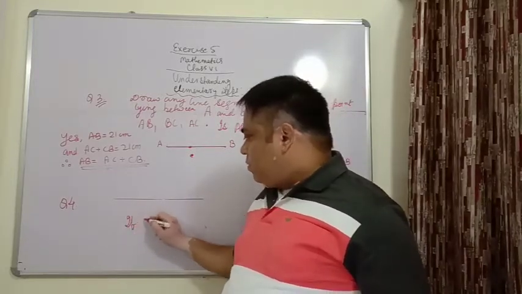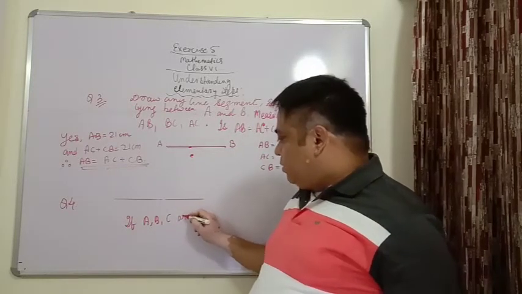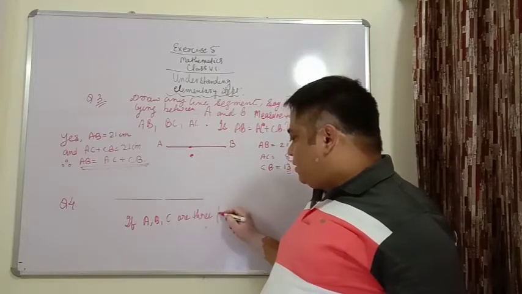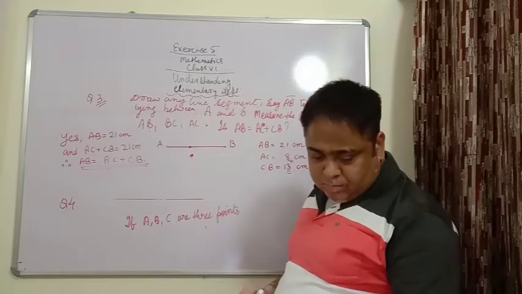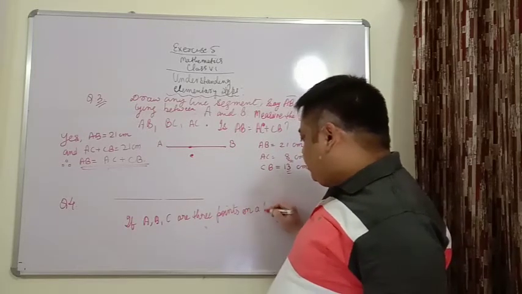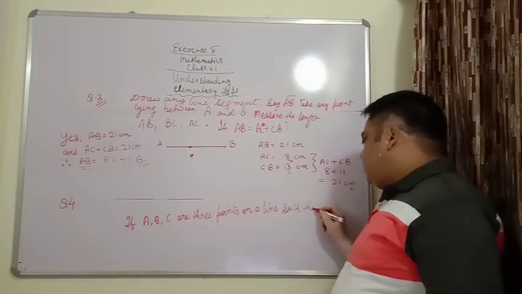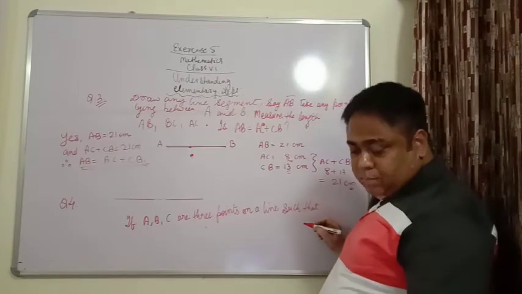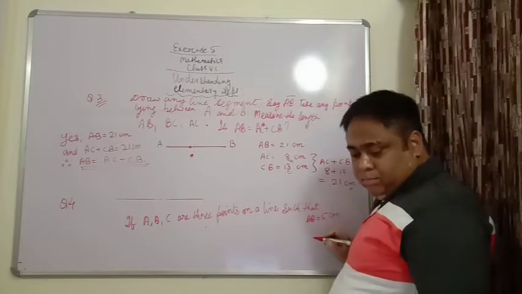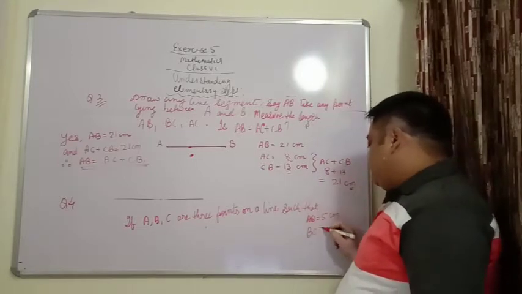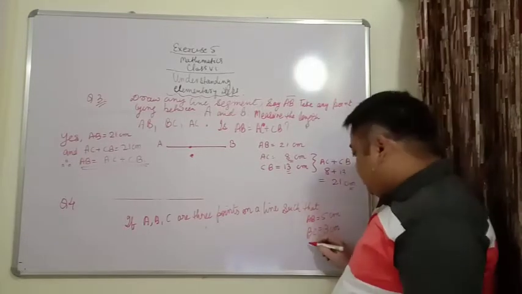If A, B and C are 3 points on a line such that AB is equal to 5 centimeter, BC is equal to 3 centimeter and AC is equal to 8 centimeter.